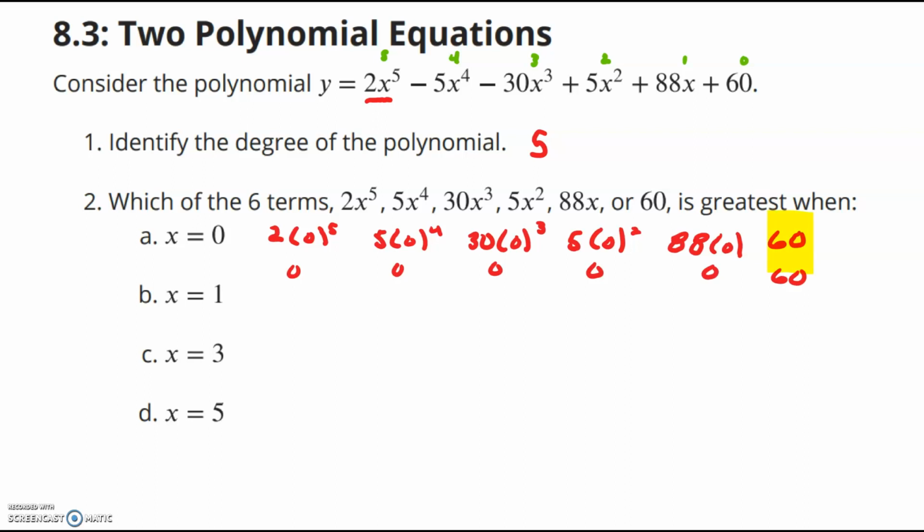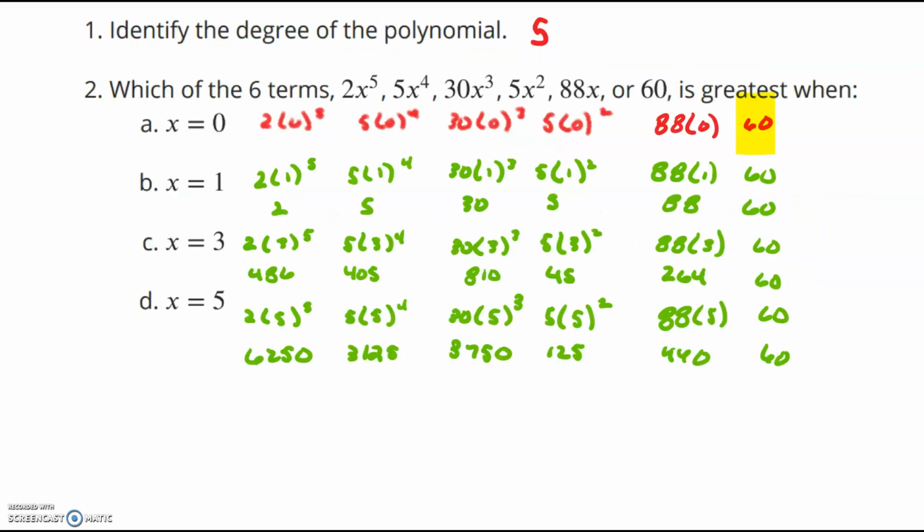And then we're asked to basically do the exact same thing for every one of these x values. I will pause the video again, much like we did the last time. And when we come back, I will have these all filled out, and then we can examine each of them. Okay, here are the results when we plug each of these x values into each one of these terms.